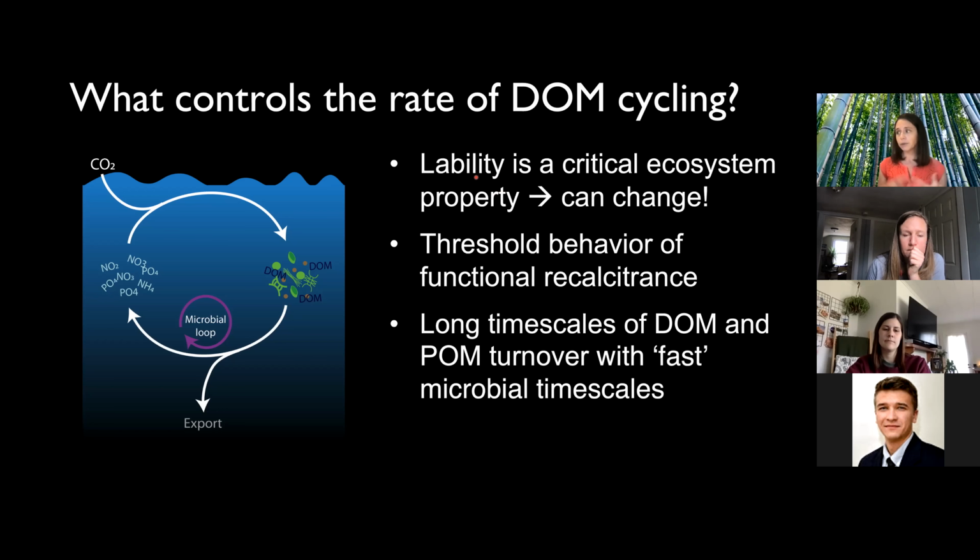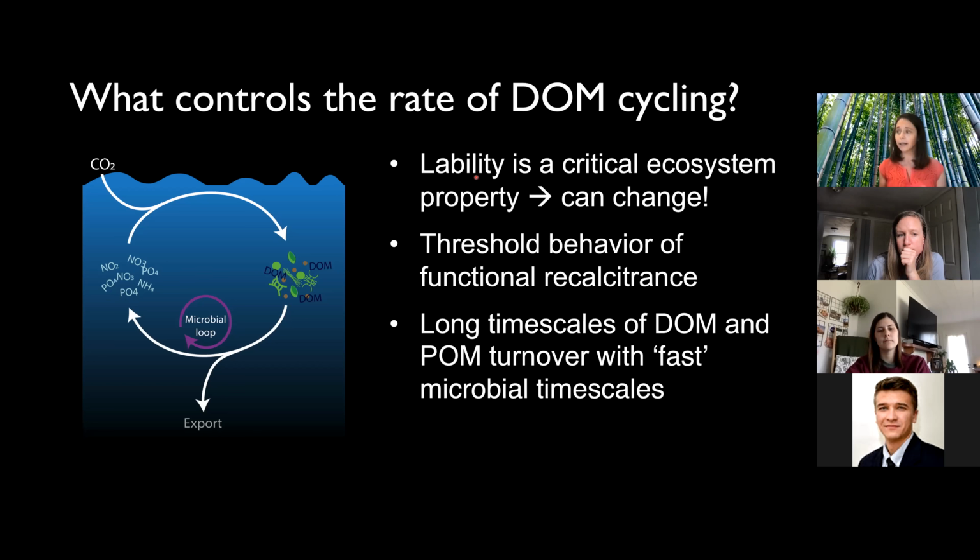We also see this threshold behavior of functional recalcitrance, both for the dissolved organic matter and the particulate organic matter. I showed you that with the Q value for the DOM, but for the POM, if you cross the critical threshold, the populations are able to grow and consume the particle.